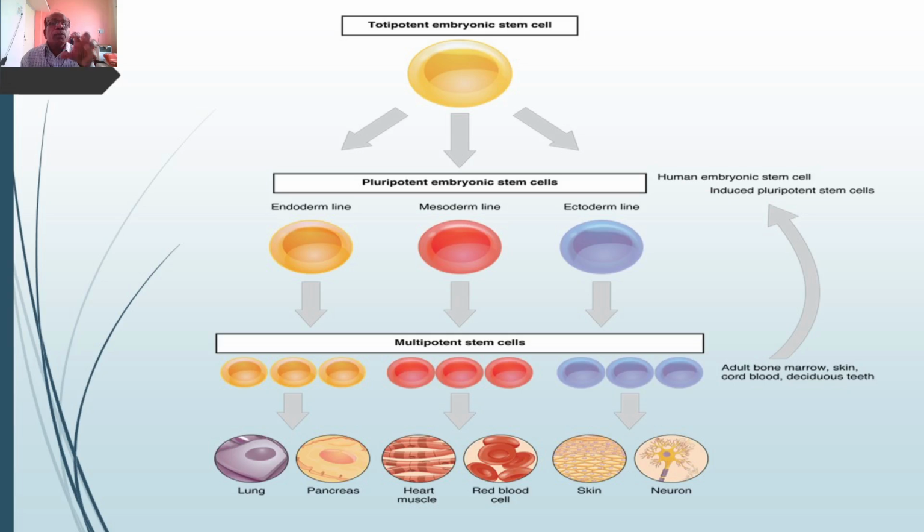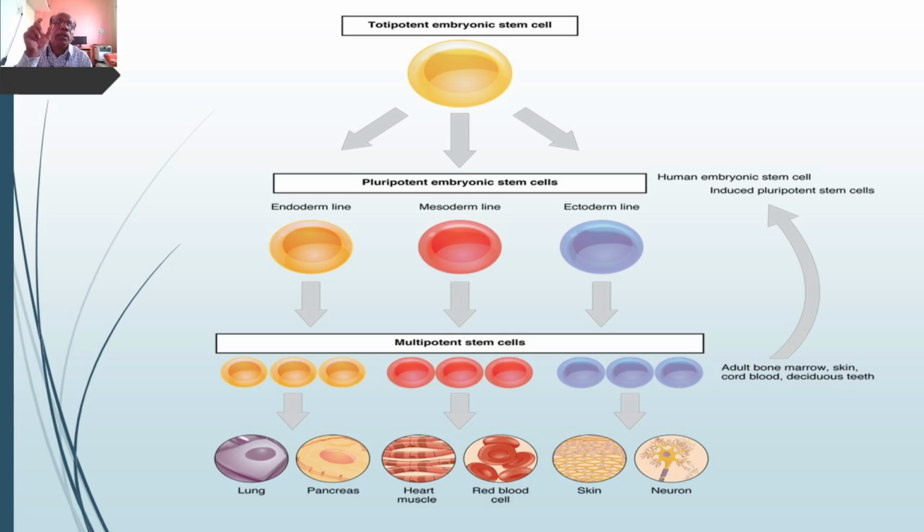So this totipotent embryonic stem cell will be differentiated further into the pluripotent embryonic stem cell. Pluripotent, plural. So single cell, many cells. Pluri means several cells. So pluripotent embryonic stem cell.